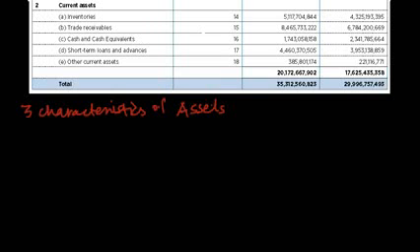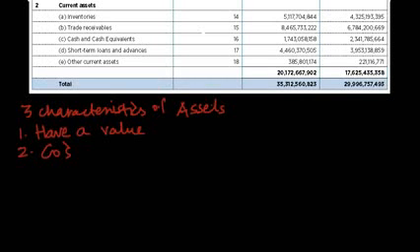What's the first characteristic? The first is it has to have a value. So something to be called an asset needs to have a value towards producing a return for the business. The second characteristic of an asset is it should be in a company's control.